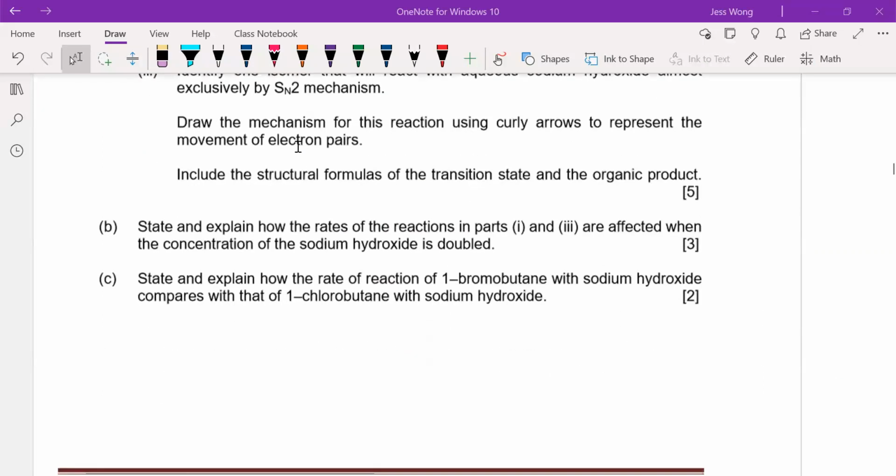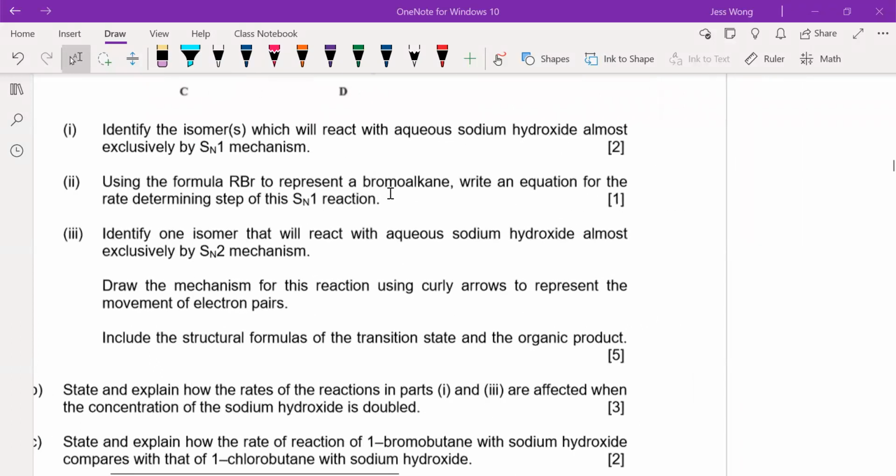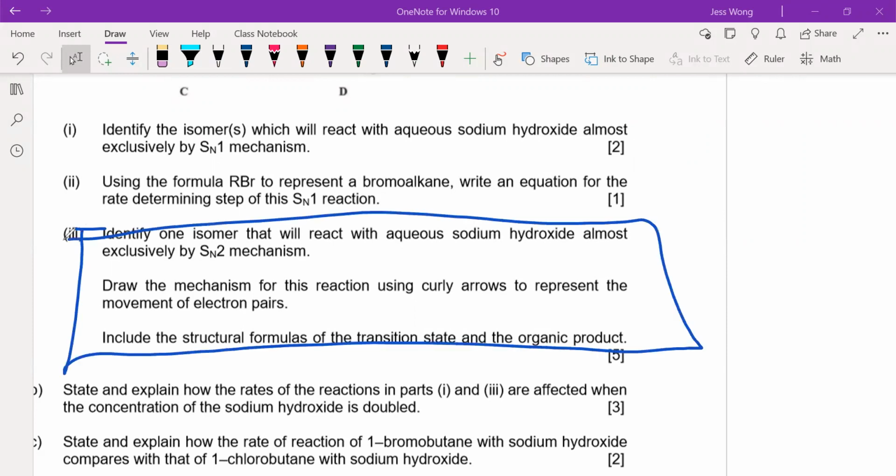Right. Now we are supposed to draw the mechanism. Again, I want to check the mechanism on Wednesday when we come back to school, because the problem in mechanism is that you can never see your own mistake. So you need somebody to check for you. In your mechanism, we are supposed to include the structure of the transition state, the organic product and the curly arrows.